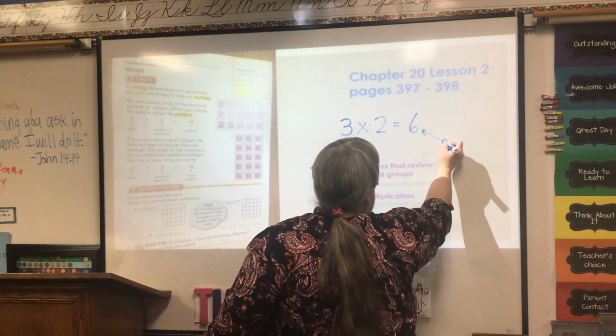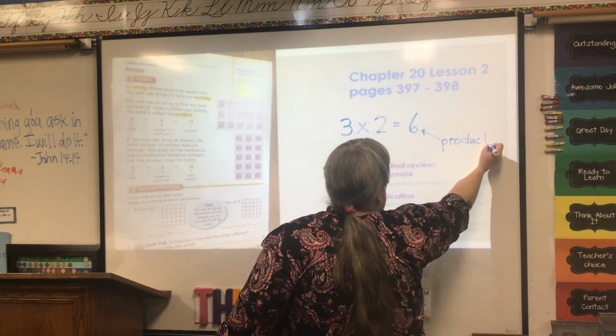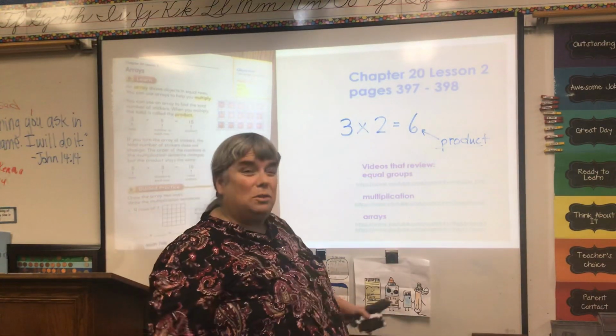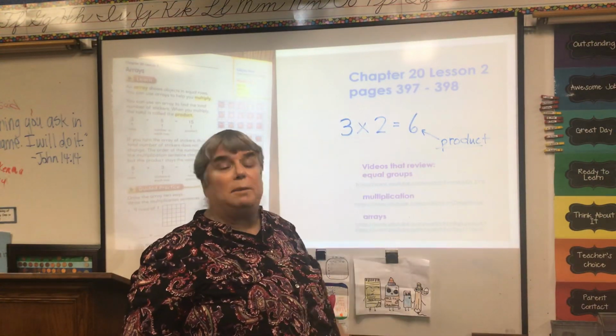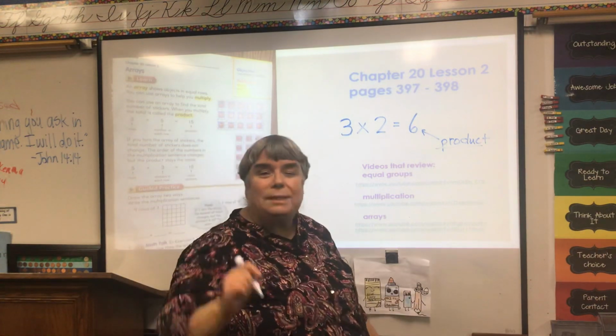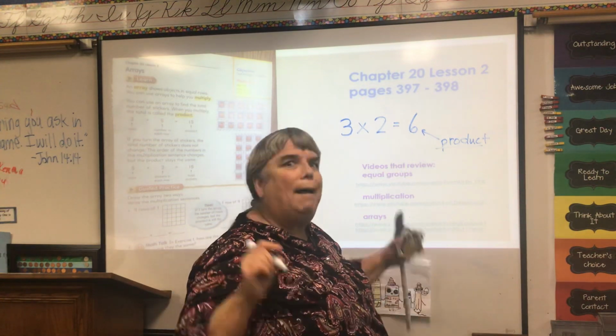And that is called the product. You know what's interesting, boys and girls, is there's also a word for each one of those numbers that are being multiplied. Those are called factors. And you're going to need to know that word for 3rd grade and 4th grade and 5th grade a lot.